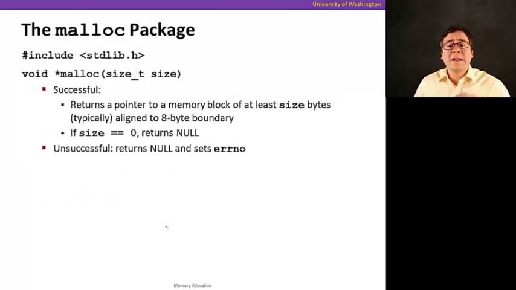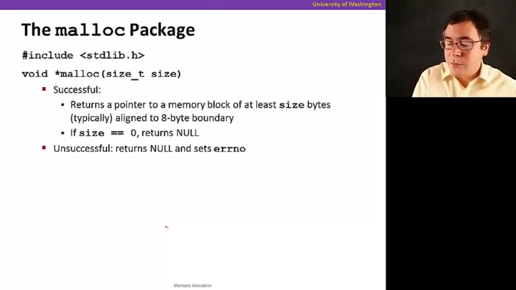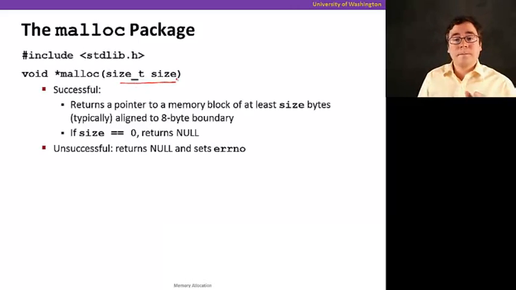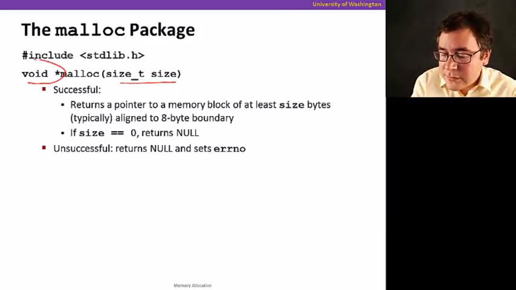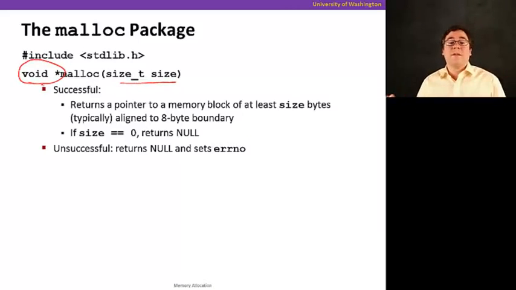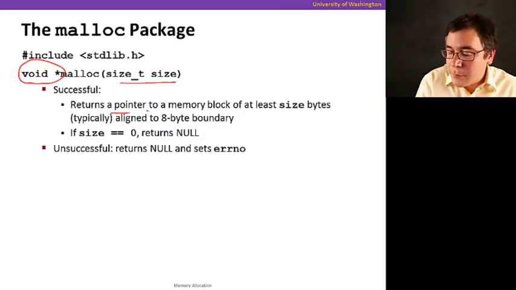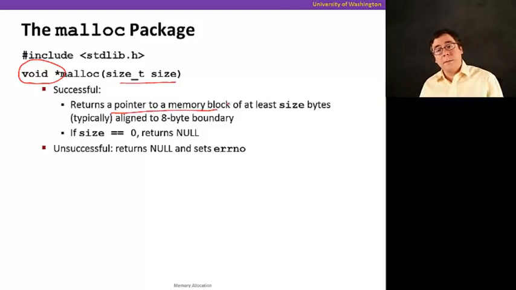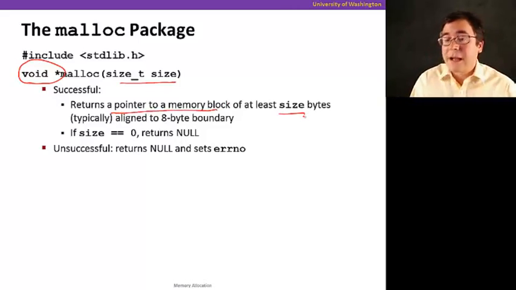So we're going to be looking at the malloc package. This is part of the standard C library, and here's what malloc does. Malloc receives a size as a parameter. That's the size of the block that's going to be allocated. And it returns a pointer that doesn't have a type because we don't know what kind of data is going to be there. If it's successful, it returns a pointer to the new memory block that has at least size bytes.